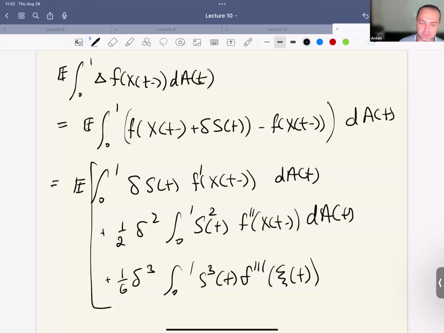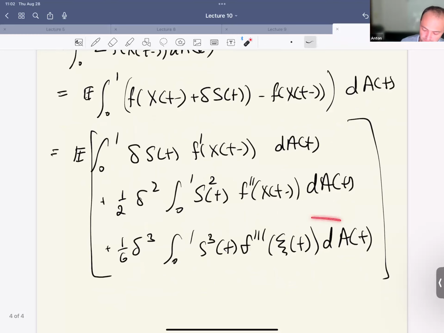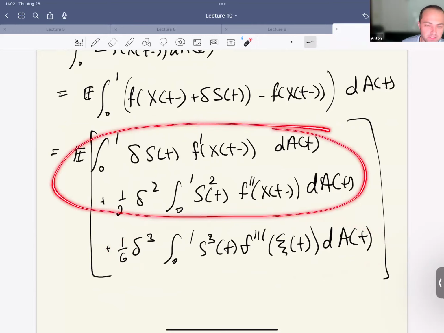So I'm just going to use c to denote this dummy term, which corresponds to the Taylor expansion remainder term. And as usual, I'm going to treat the third order stuff as error, but the first two orders are not going to be error.